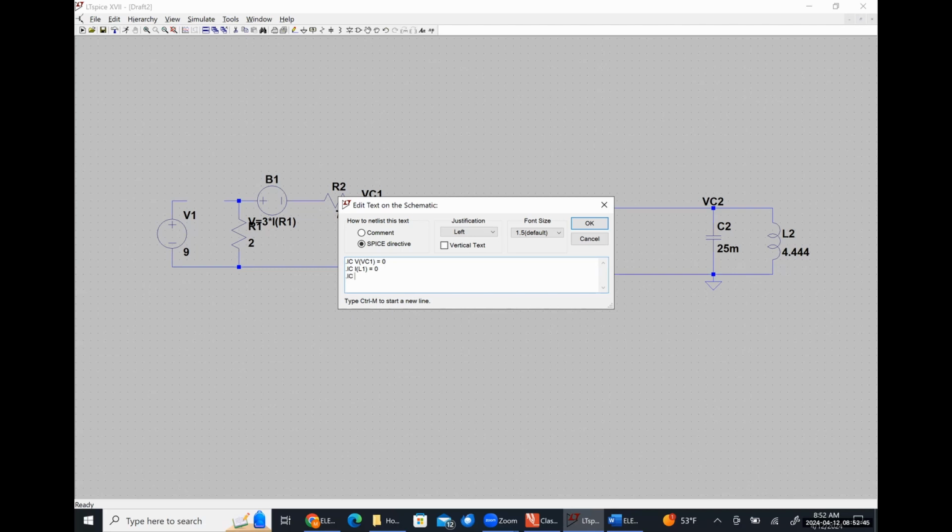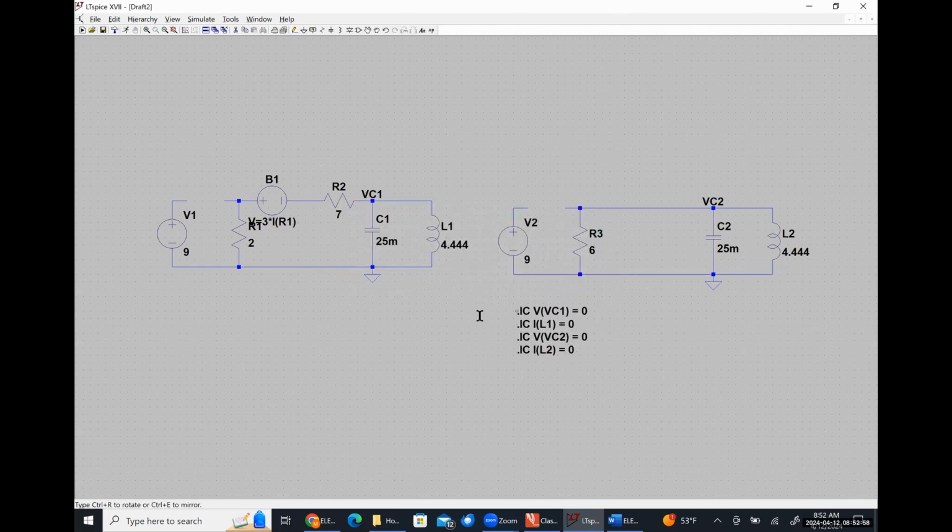The initial condition for voltage VC2 is 0 volts, and the initial condition for current IL2 is 0 amps. Dump all that in the middle, and let's run our transient analysis for, let's say 5 seconds. That might be too long.